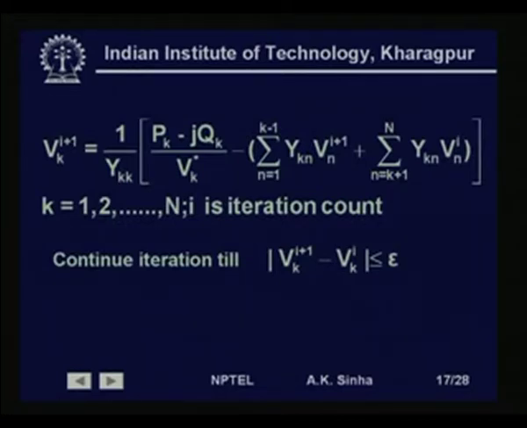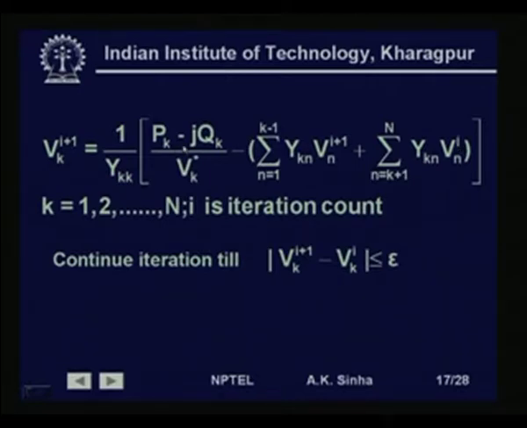Okay, so if we want to do that, we can write this in mathematical form, like this: Vk at iteration i plus 1 is equal to 1 by Ykk into Pk minus jQk divided by Vk conjugate, here we should have iteration i, minus summation Ykn Vn at iteration i plus 1 plus summation Ykn into Vn at iteration i.